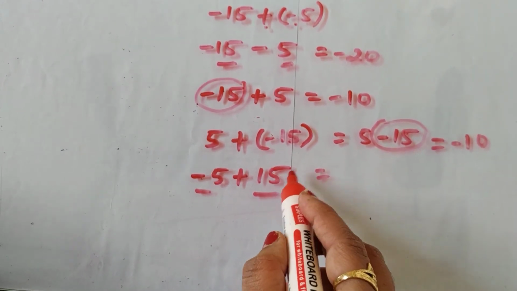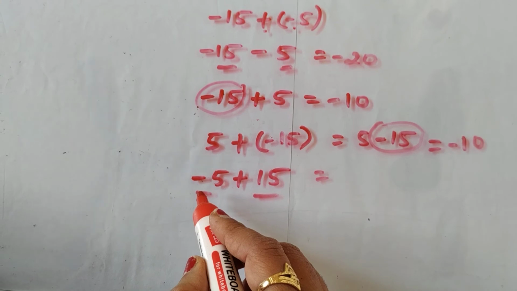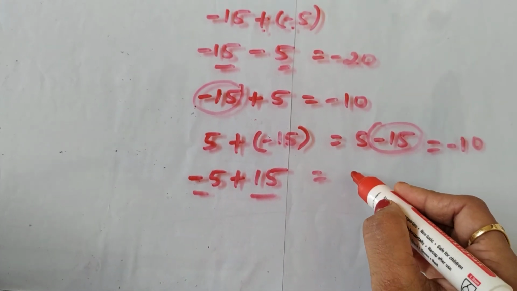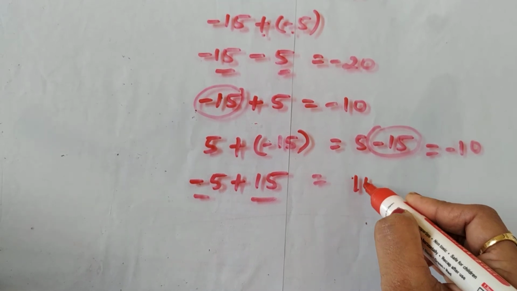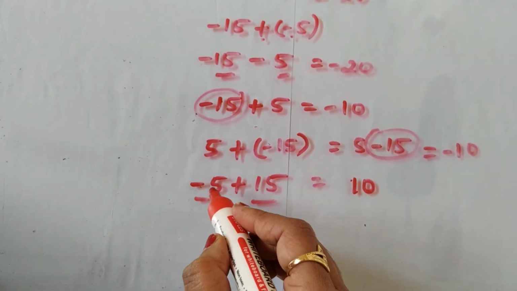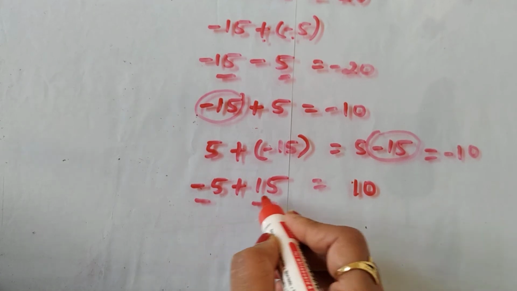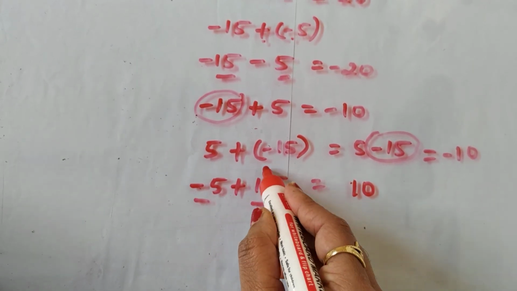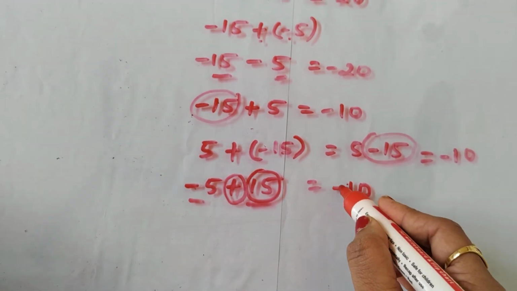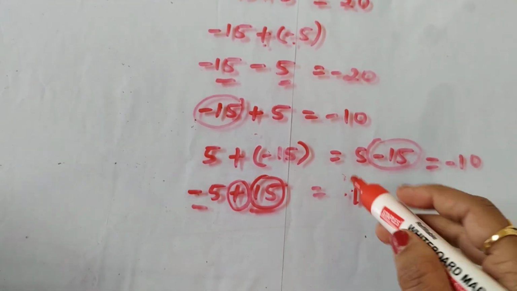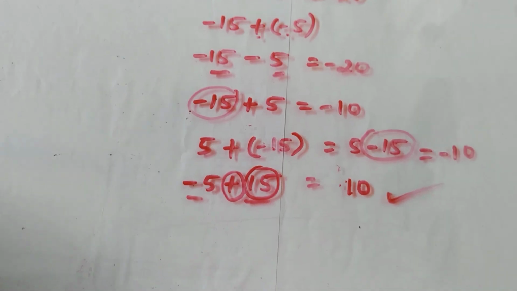Which is larger? 15. 15 minus 5, we got 10, right? Which is greater between them, 5 or 15? 15. What is the sign in front of 15? Plus. So the answer is plus 10. So we never write plus, so we directly write 10.